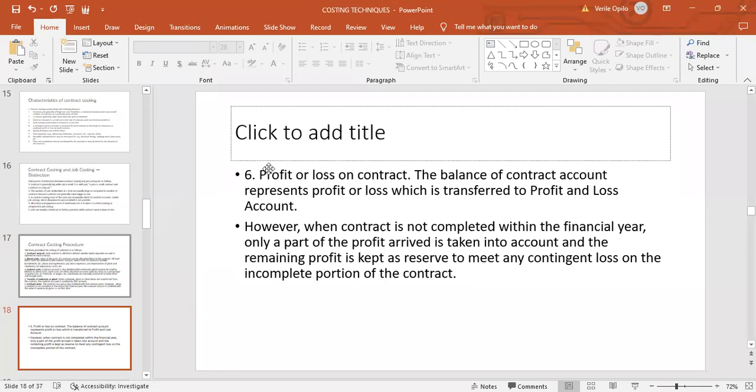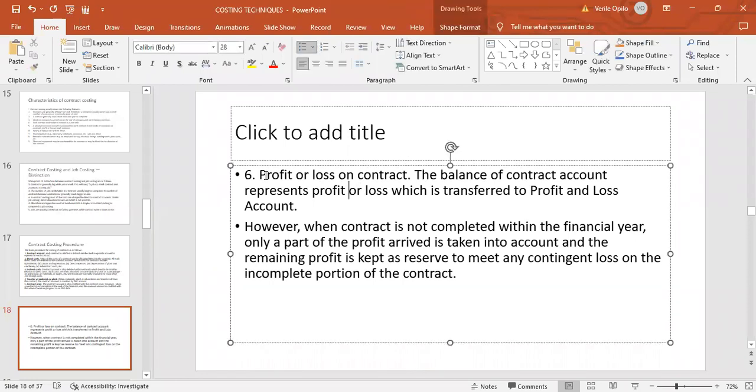Sometimes we will also be looking at whether this particular contract has brought in a profit or has made a loss. The contract is going to bring in profit in the event that the amount raised in terms of the contract price and the income received from the contract is more than the expenses and the costs that you have incurred.